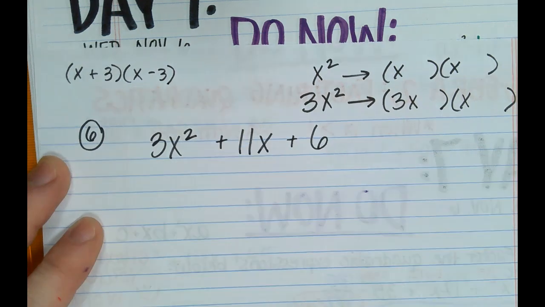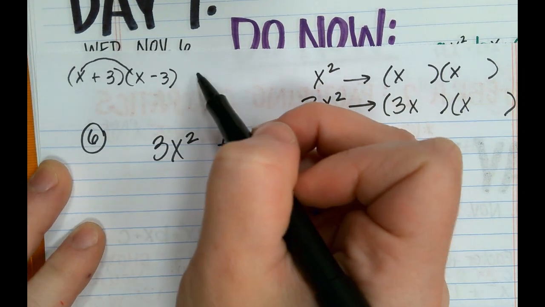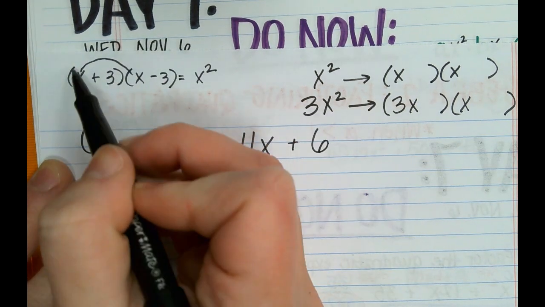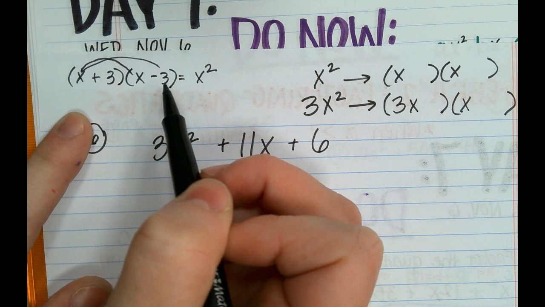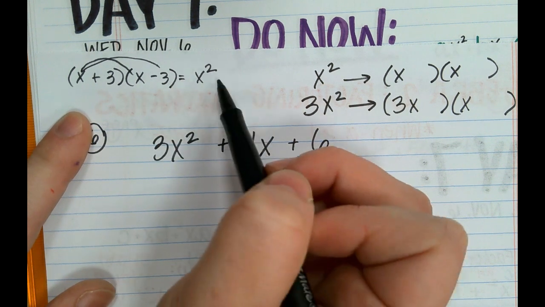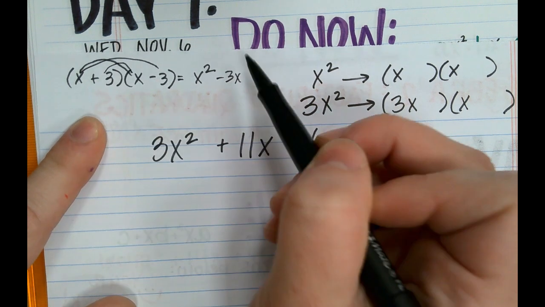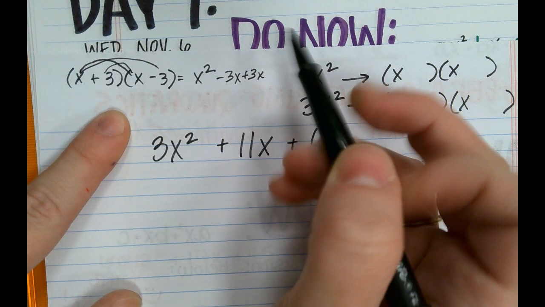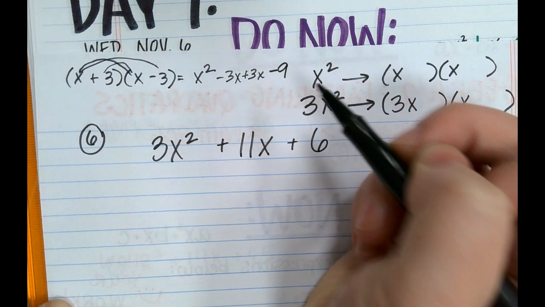X times x is x squared. My outer x times negative 3 is minus 3x. And then 3x. And then 3 times negative 3 is negative 9.